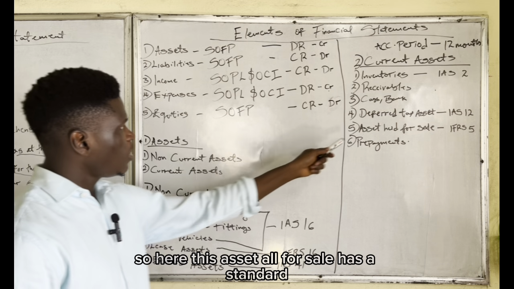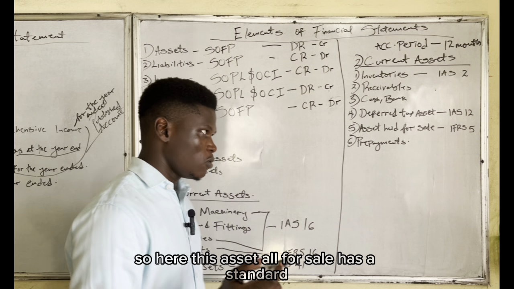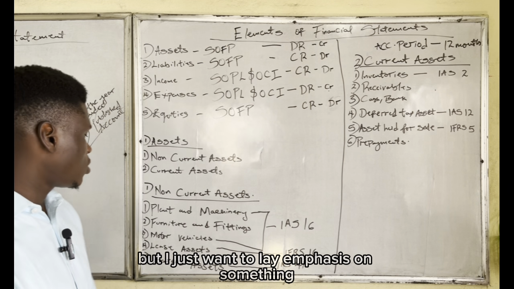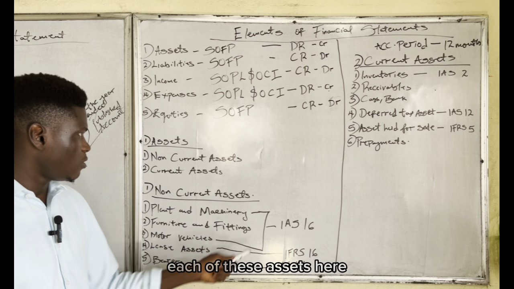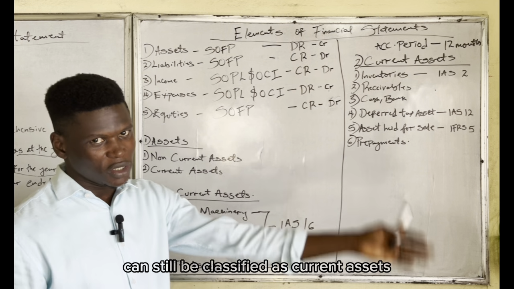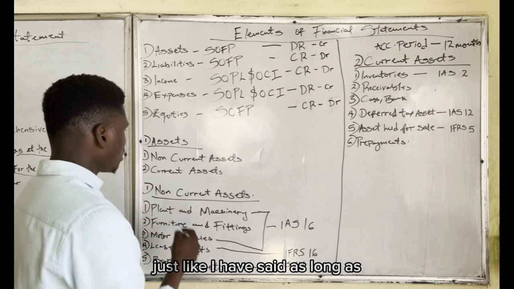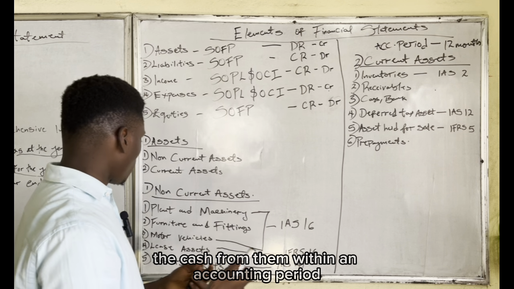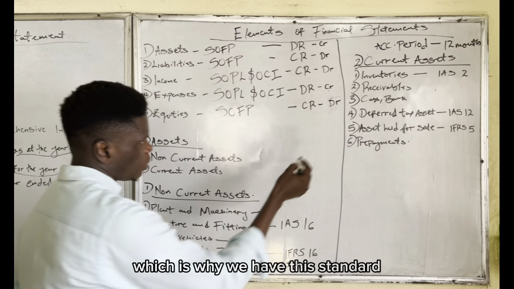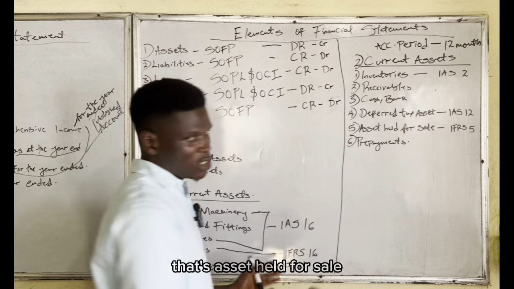So here, this asset held for sale has a standard, but I just want to lay emphasis on something. Each of these assets here can still be classified as current assets, just like I have said, as long as we can realize the cash from them within an accounting period, which is why we have this standard. That's asset held for sale.